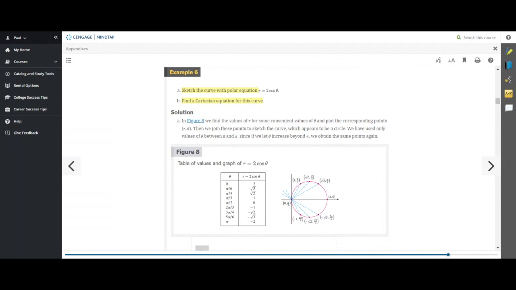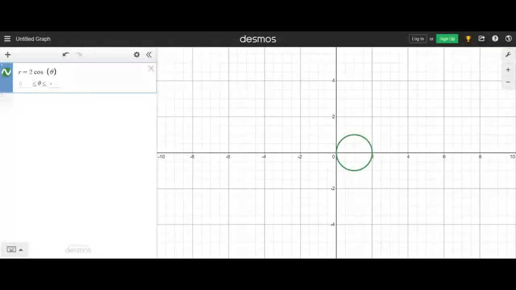And by the way, you can use Desmos to graph polar graphs. So r equals 2 cosine theta. I'll just show you this here. If we wanted to do this graph in Desmos, the way Desmos works is if you're going to do polar graphs, you have to use an r and a theta.